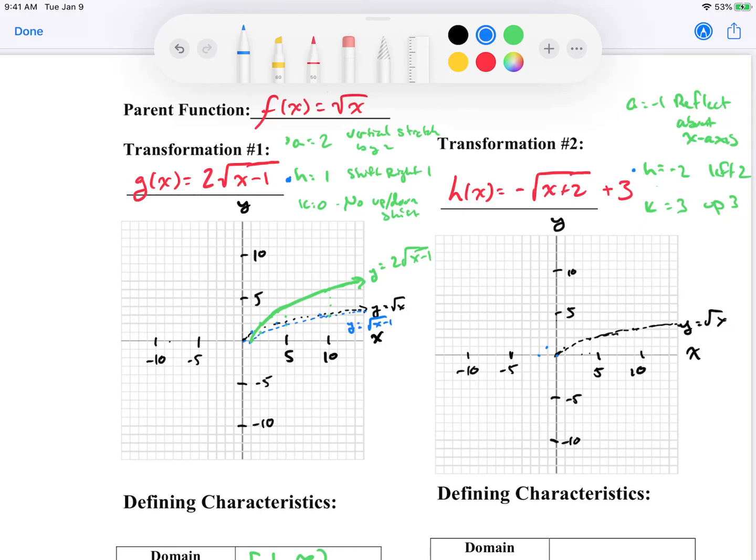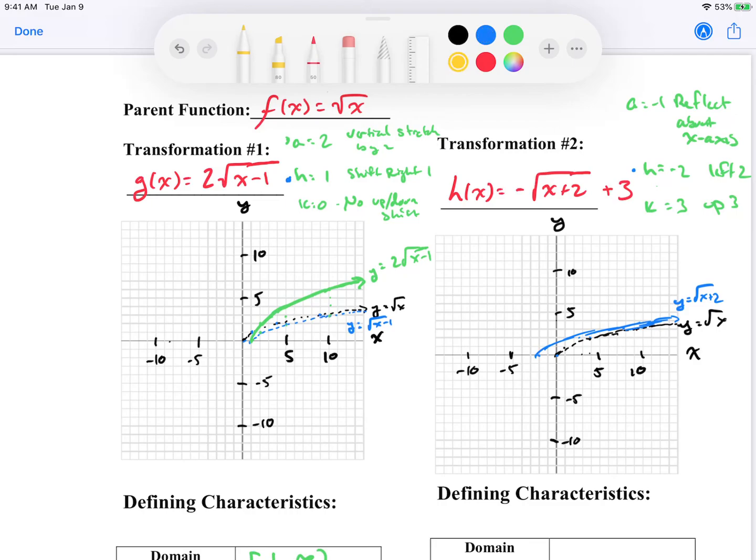So this is 4, 2, and 9, 3, each shifted 2 to the left. And this is kind of what my function looks like as far as that's concerned. So the only thing that I've done here with the blue is I've shifted to the left 2. So what I've actually just graphed here for the blue is y is equal to the square root of x plus 2. Now I'm going to take that and move it up 3 units.